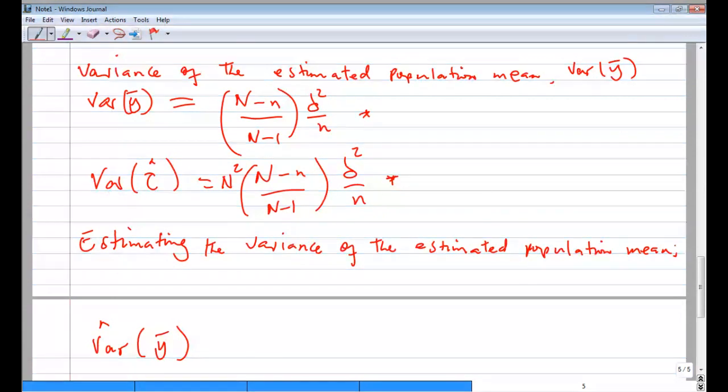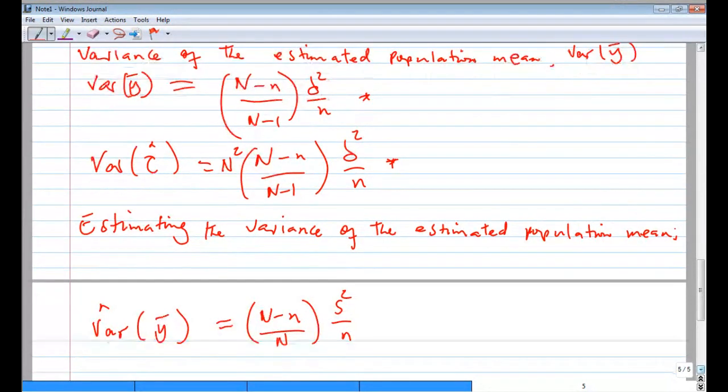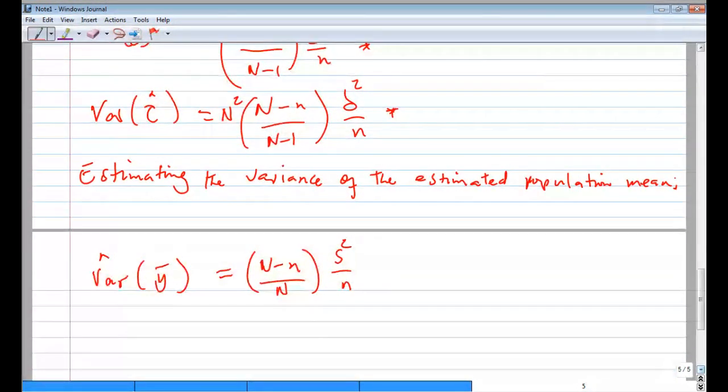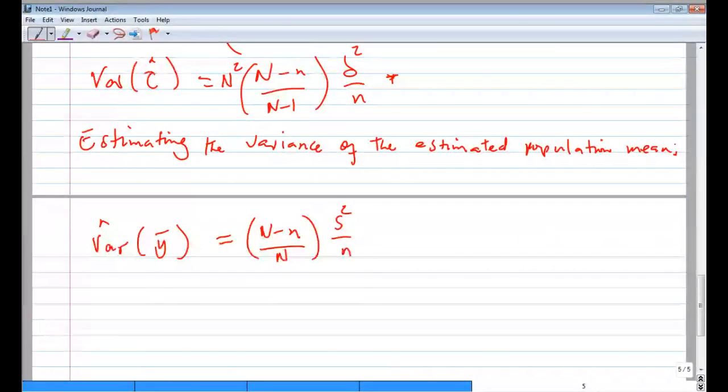Estimating the variance of the estimated population mean is the var estimate of y bar, which is equal to what? N minus n, divided by N, close brackets, s squared over n. So this is the estimated variance of the estimated population mean. So if you want to estimate the variance of the estimated population mean, this is the formula.